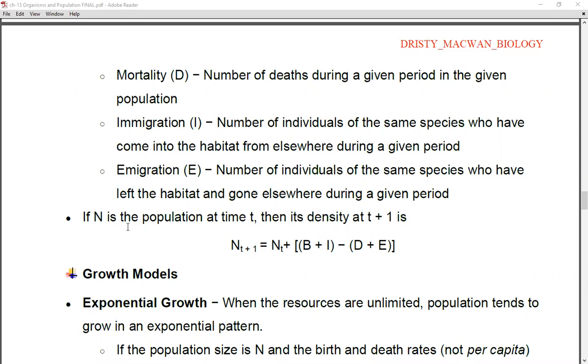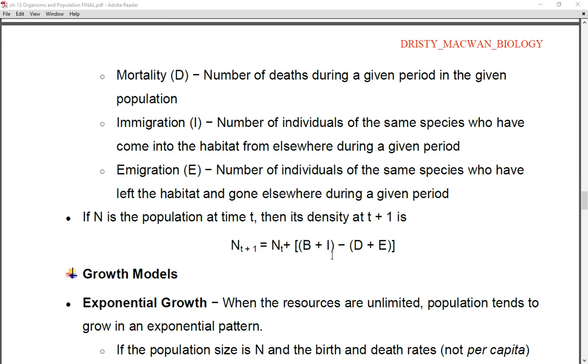So normally at time t, if N is the population, then what will be its density at t plus 1? At t plus 1, it is N t, that is the total amount of the population, plus B, that is the natality, plus I, that is how many have entered. So N t is the normal total population, and in that you are adding how many births have taken place as well as how many have entered the habitat.